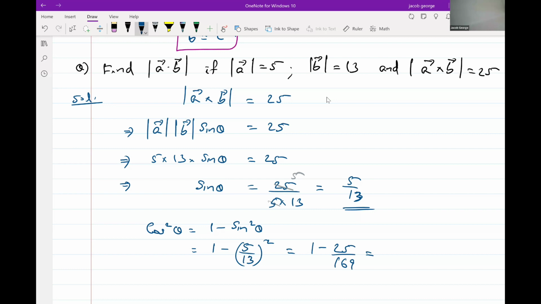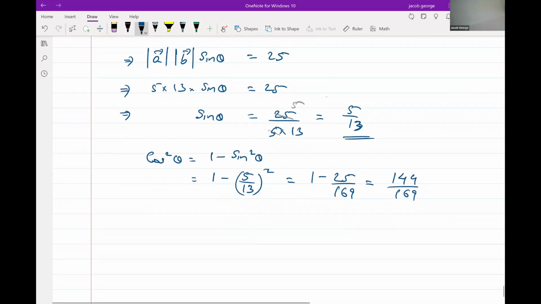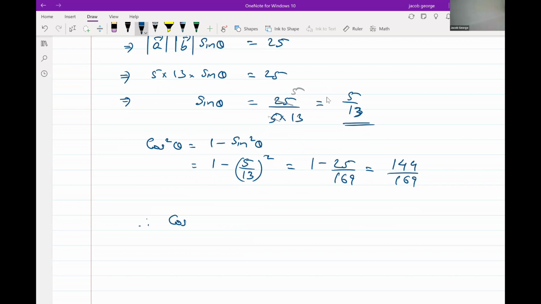It is equal to 169 minus 25 by 169, that is 144 by 169. Therefore, cos theta is equal to 12 by 13. Cos theta positive is enough here because in dot product and cross product, we take the acute angle. So this is 12 by 13.